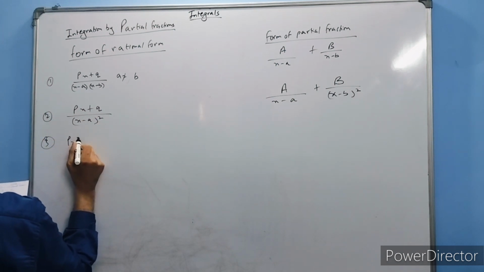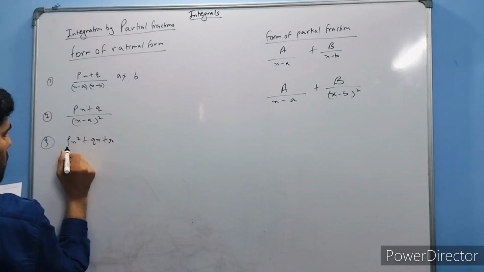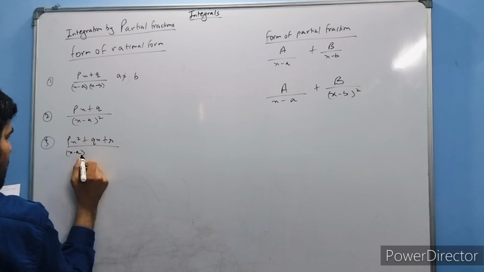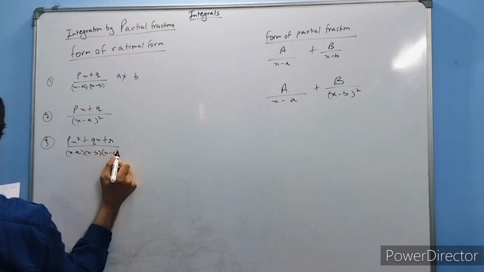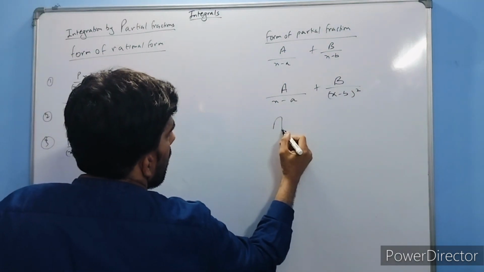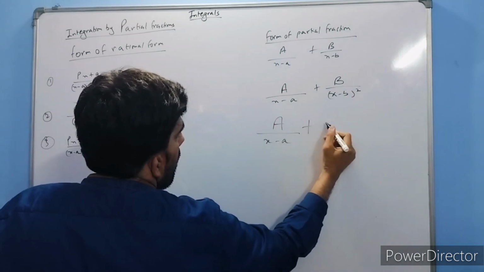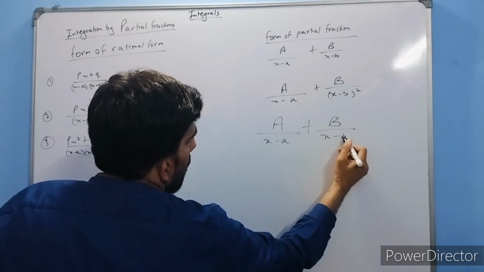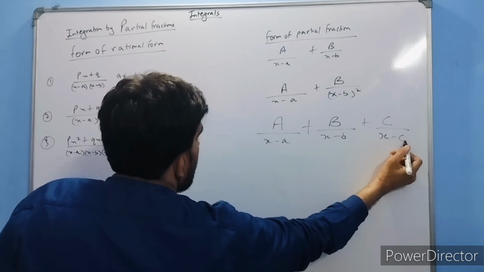The third form is px square plus qx plus r upon x minus a, x minus b and x minus c. So we'll have A upon x minus a plus B upon x minus b plus C upon x minus c.